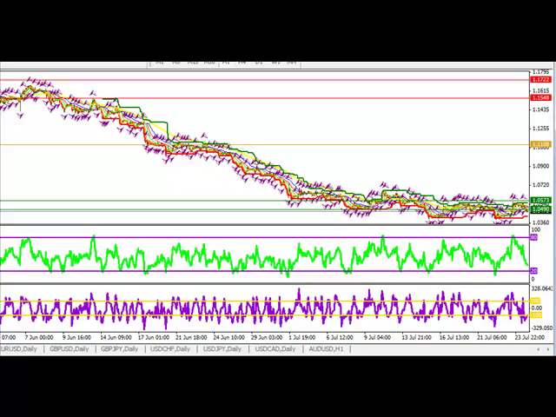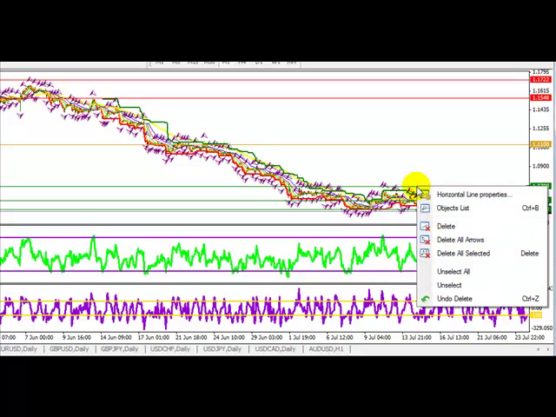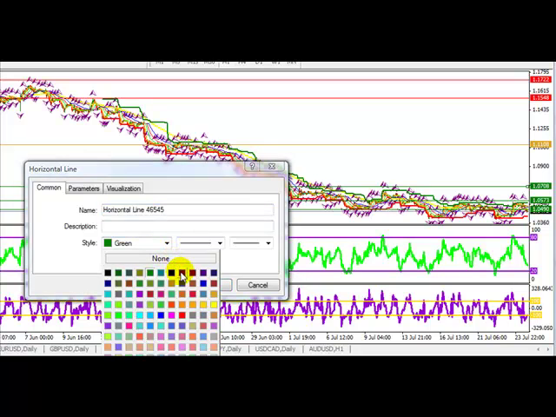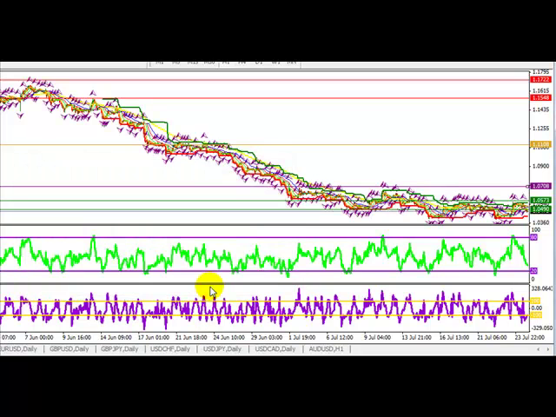I'll put an add-on marker here, bring that down just a smidge. I like purple, so I will make it purple. There you go. Now we have our add-on, and that's a little bit of resistance.